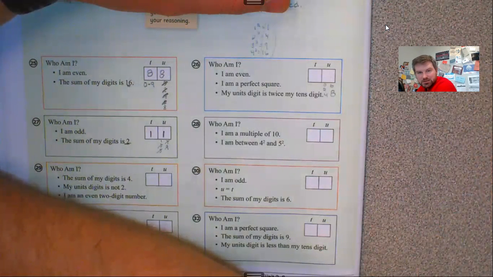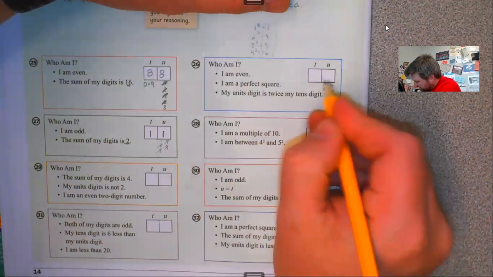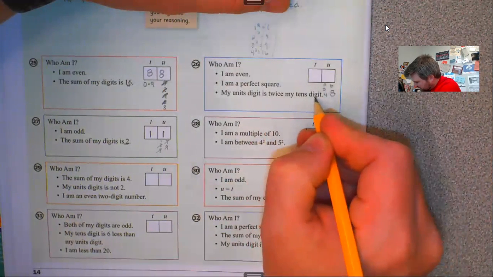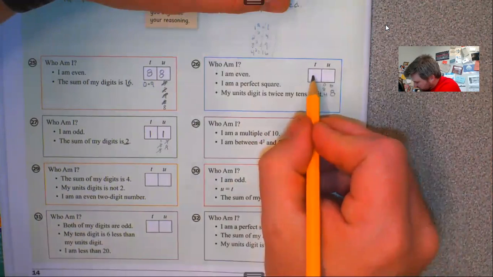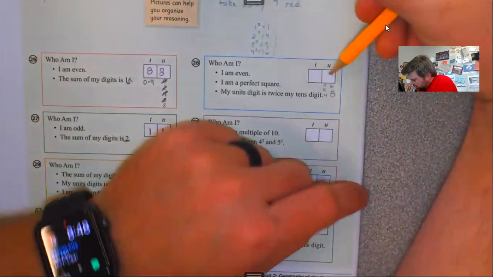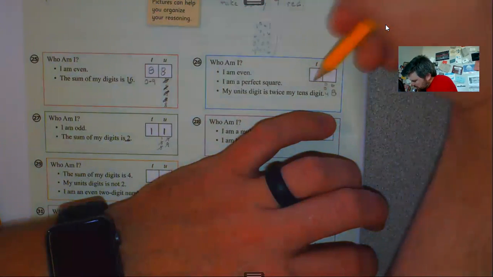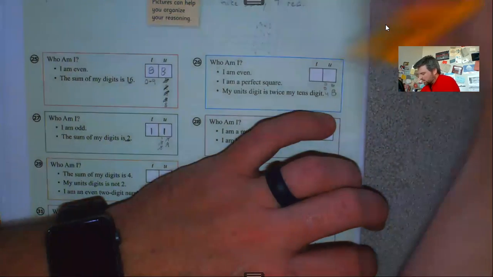My units digit, so this digit here, is twice my tens digit. So if this is a 1, this is a 2. If this is a 2, this is a 4. If this is a 3, this is a 6, and so forth and so on. So this one is double it, okay?